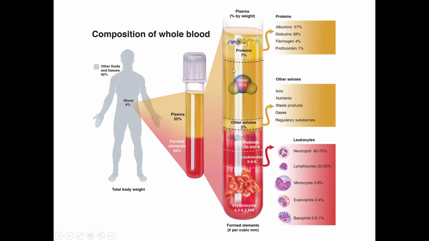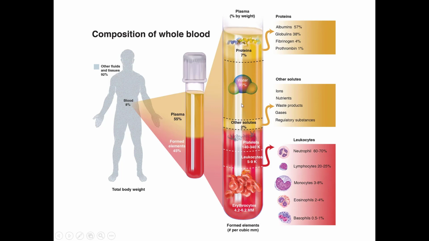So we have different medical laboratory devices to study every part of the blood. We have a hematology analyzer to study the cells. We have a chemistry analyzer to study the components of the serum. We have a coagulation analyzer to study the proteins.